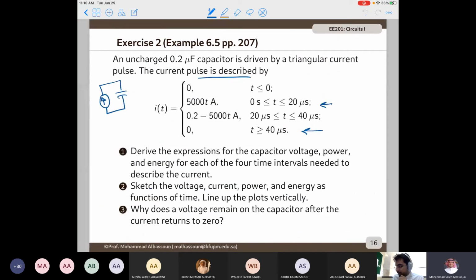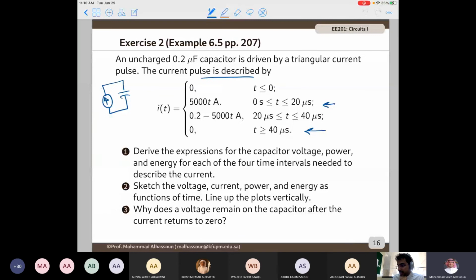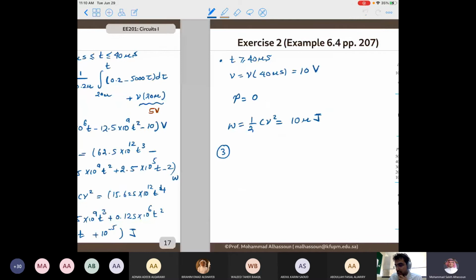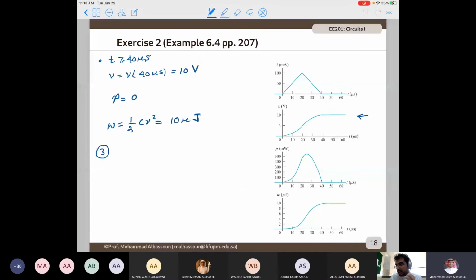So the third part is asking you, why does the voltage remain on the capacitor after the current returns to 0? When the current returns to 0, this one will behave like an open circuit. So the capacitor will still have a constant voltage. Why is that? Because you can see here that charges are actually trapped.